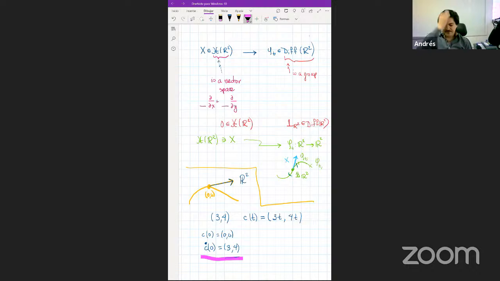Okay. So this is one example, right? Is this correct for everyone? Okay, so that is a curve in R2 at 0 equals 0, and the derivative is (3, 4). Now notice, this is different than the integral curve, because for the integral curve, we care about all the points of the curve.